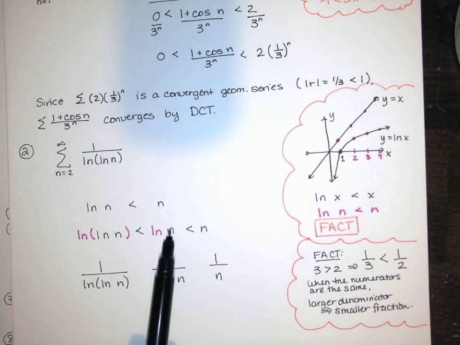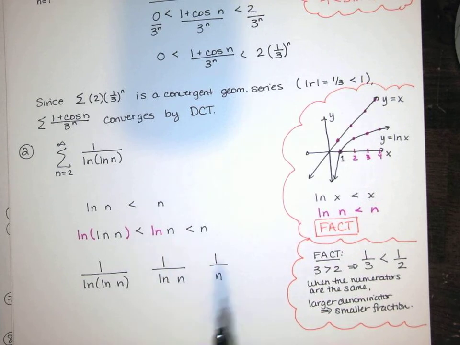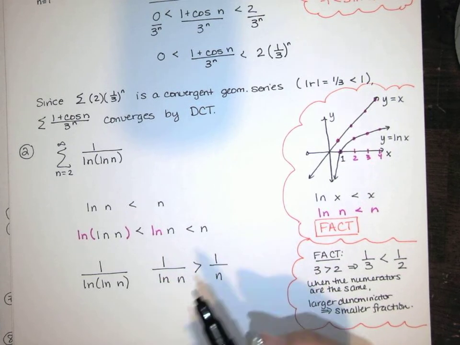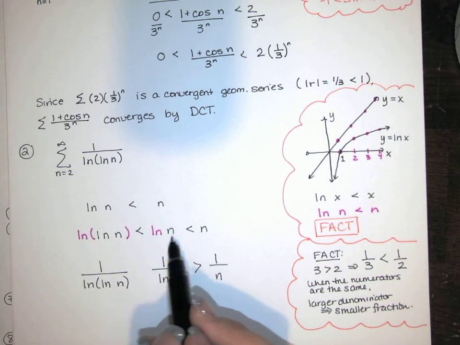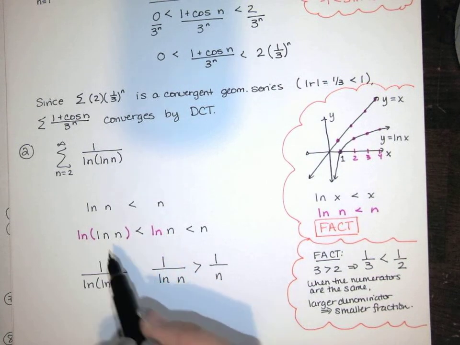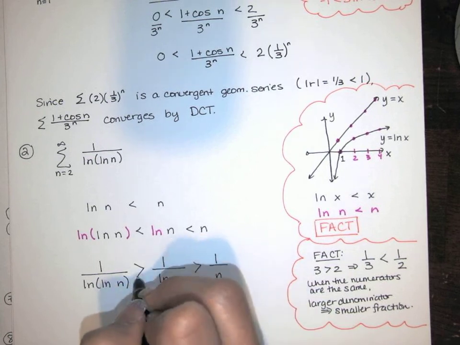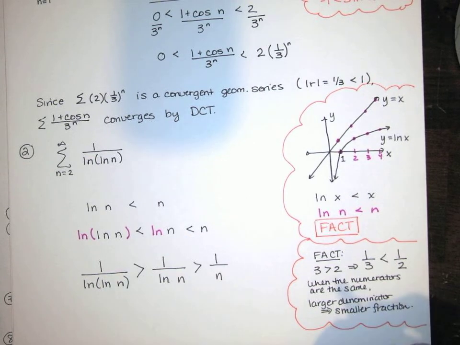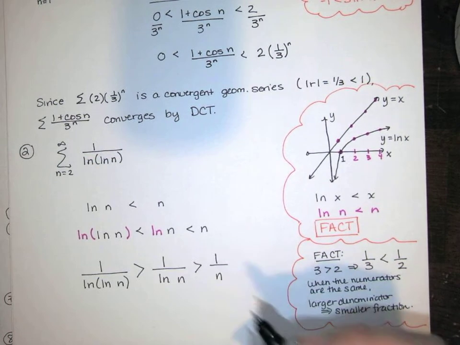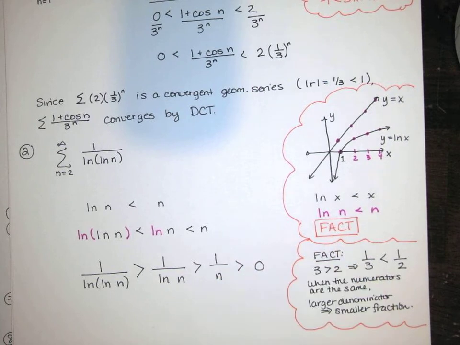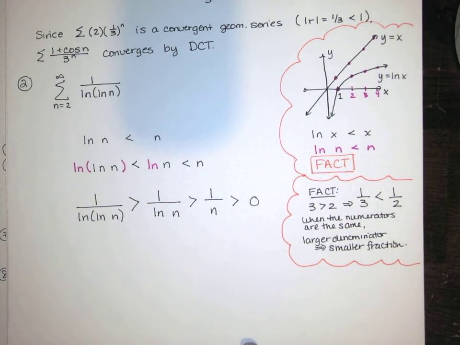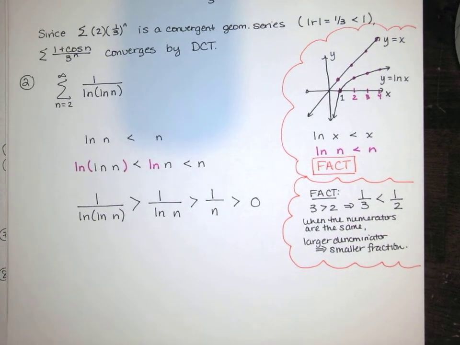Since n is larger than this, 1/n is smaller than this fraction. Since this is larger than this, 1/this is smaller than this fraction. And of course, if n is starting at 2 and going to infinity, all of these are positive. So now I've got an inequality, and I'm all set for the comparison test.